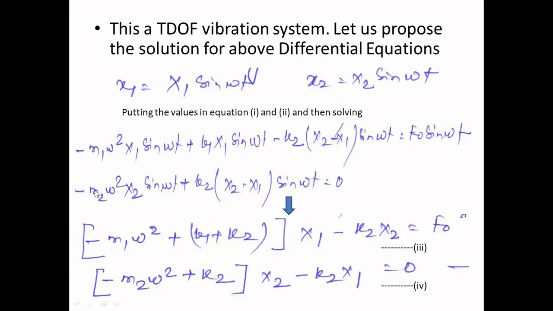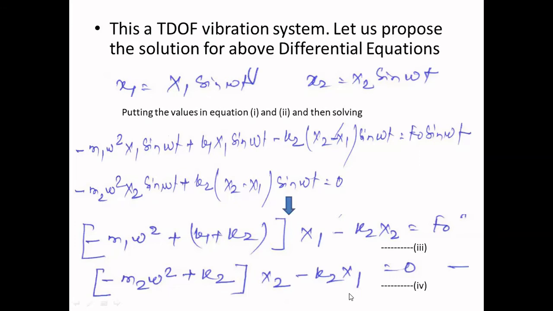Similarly, putting the value of x2 double dot in the second equation, we get the equation of motion converted to this. Students, we have to convert this equation by taking the common term X1, and similarly for the second equation we take the common term X2.